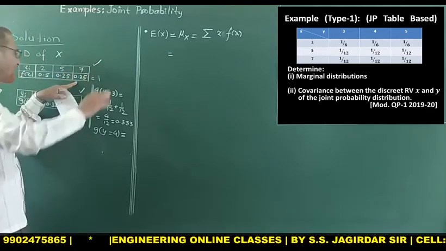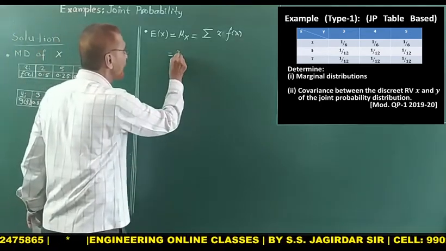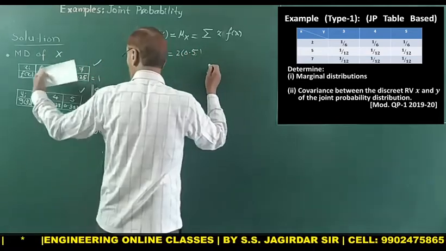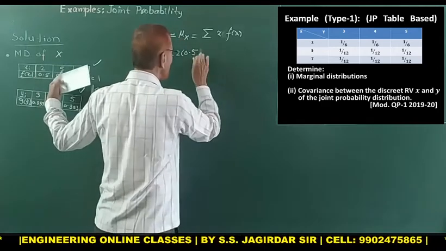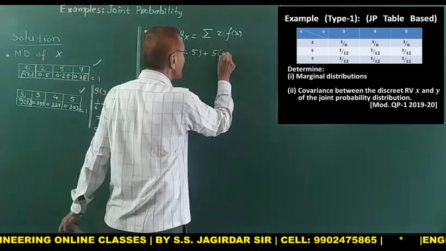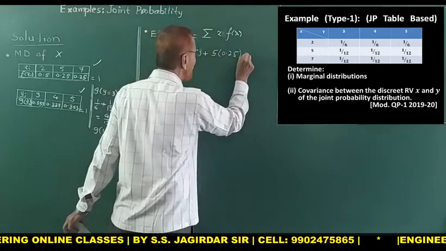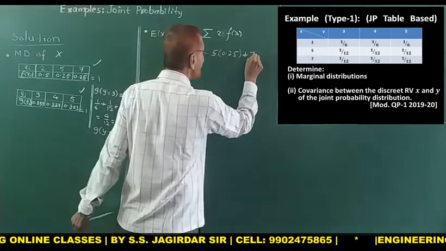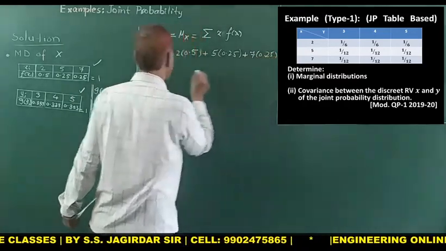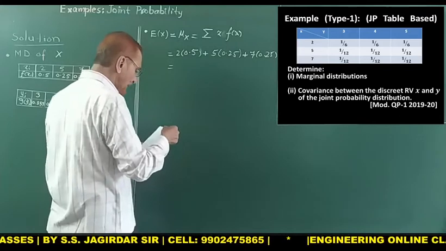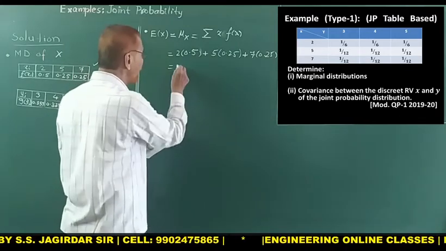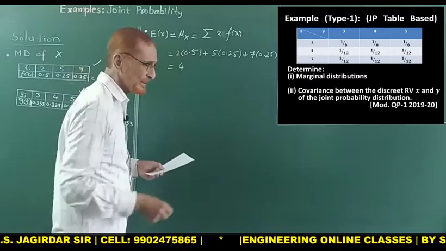So it is 2 into 0.5, plus 5 into 0.25, plus 7 into 0.25. When you work it out, this is equal to 4.